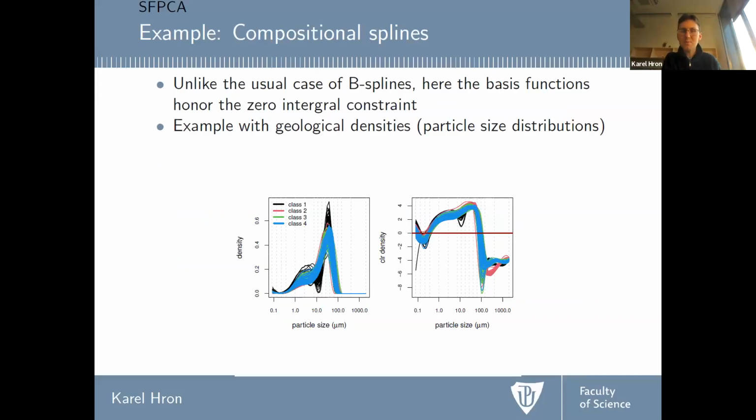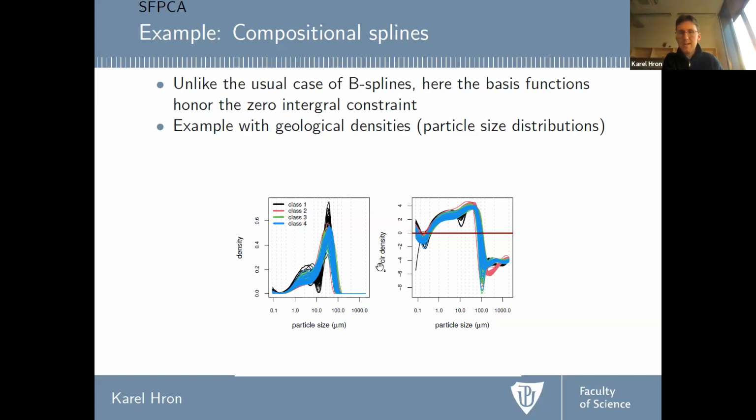Right now, compositional splines can be considered as the usual B-splines, just that the basis functions honor the zero integral constraint. So instead of the usual B-spline basis, we consider basis functions which all have zero integral, and then we can construct the usual splines with knots, as what we know from the standard spline theory.